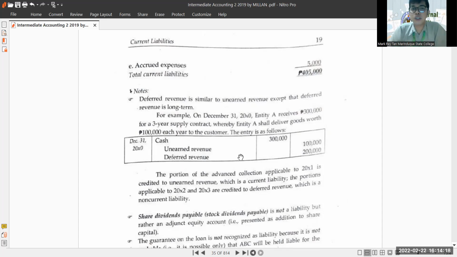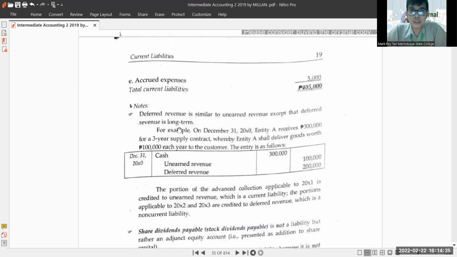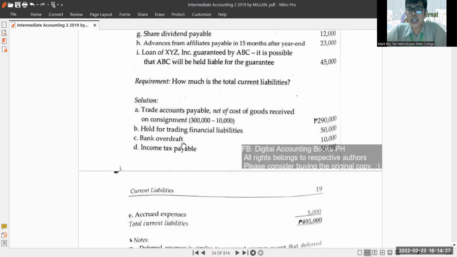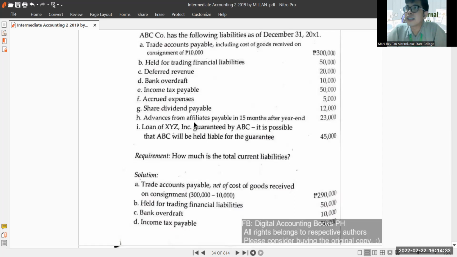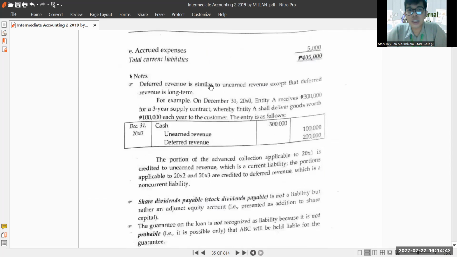So sa mga manonood nitong video, if you could show me another set of example, whereas yung deferred revenue, kahit ano, sige, deferred revenue na lang para same. Kasi when we say deferred, that means unearned. So for me, it should be current. So meron naman siyang explanation dito.